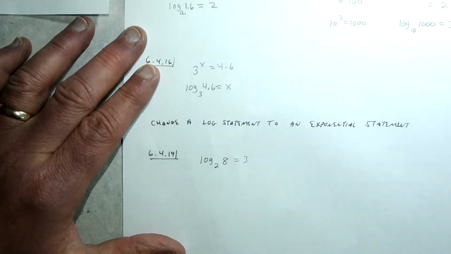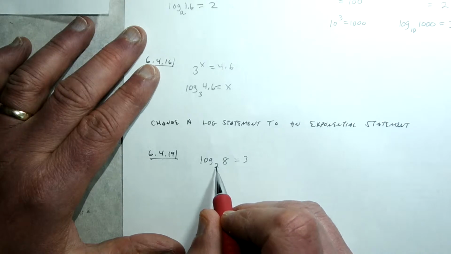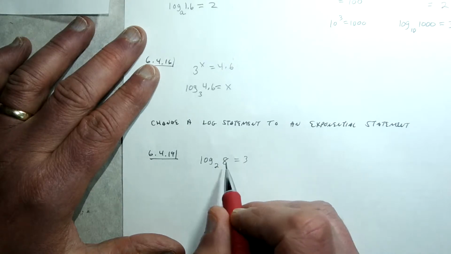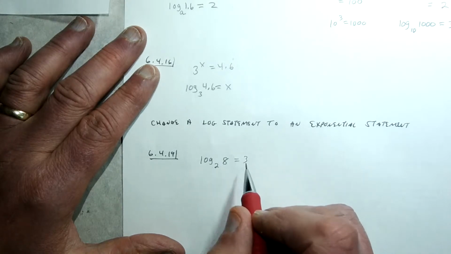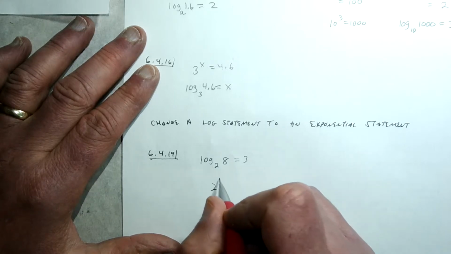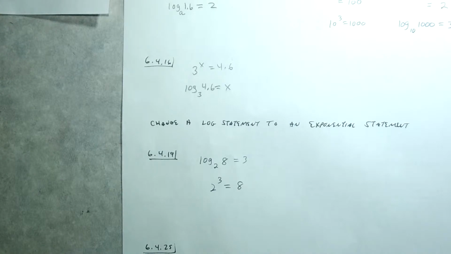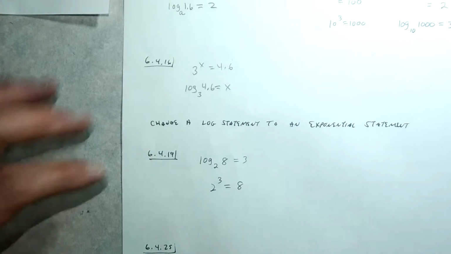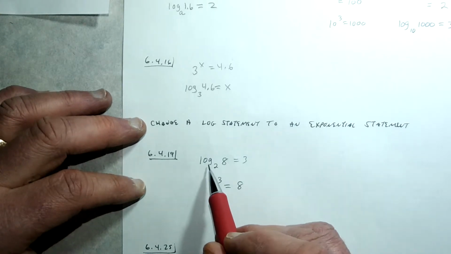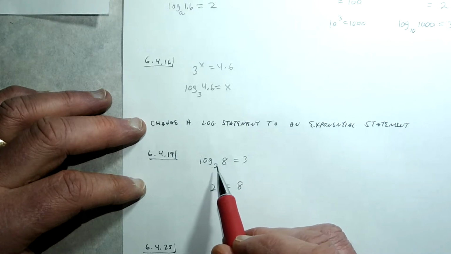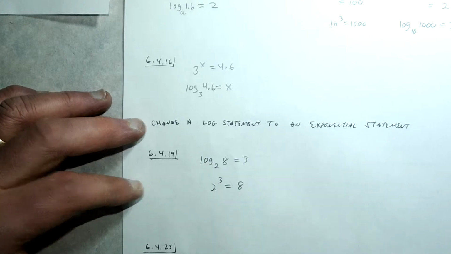Converting that into an exponential would be 2 to the third power gives me 8, because the answer to the log is always a power. So 2 to the third power is 8, which we know, 2 times 2 times 2 would give you 8. The log base 2 of 8 says what exponent on a base of 2 would give you 8? It is 3.